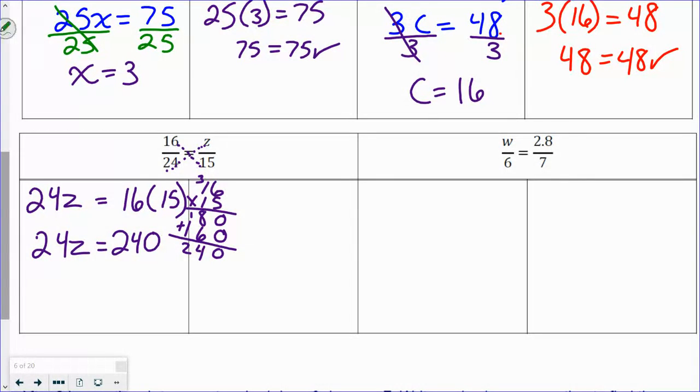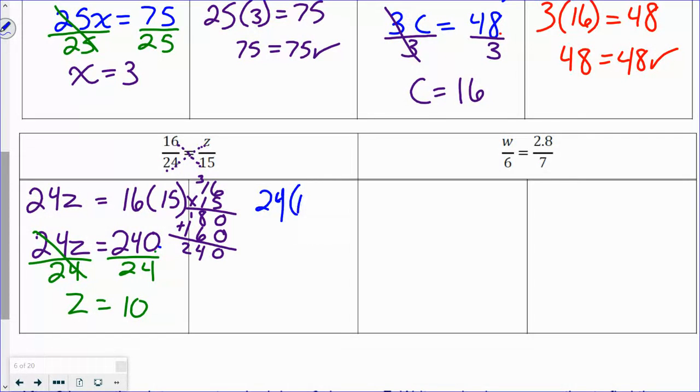Well, what am I going to divide by? I'm going to get z by itself. I'm going to divide by 24. Those cancel. And I know 24 goes in 240 10 times because it's 24 with a 0 at the end. So then we just need to check it. All right, so I'm going to use this equation that we started with, 24z. Instead of z, what am I supposed to put there?